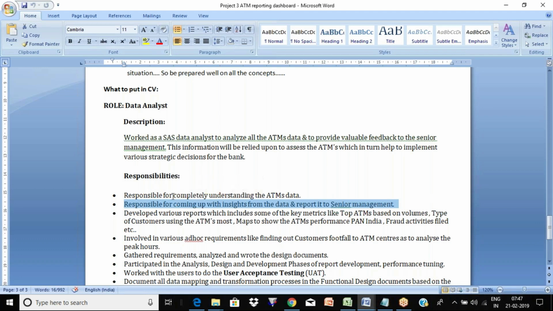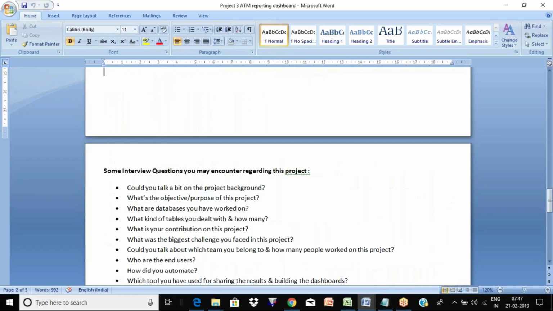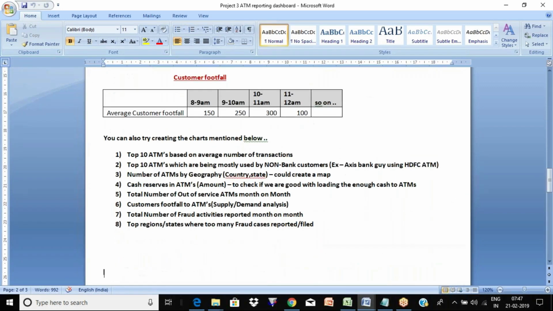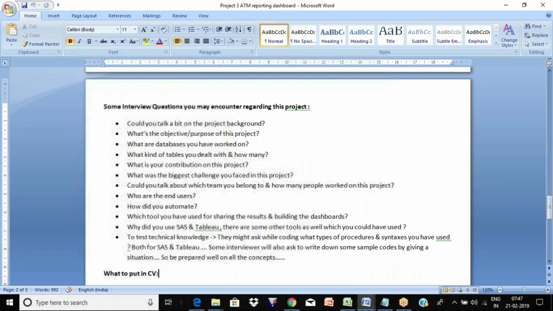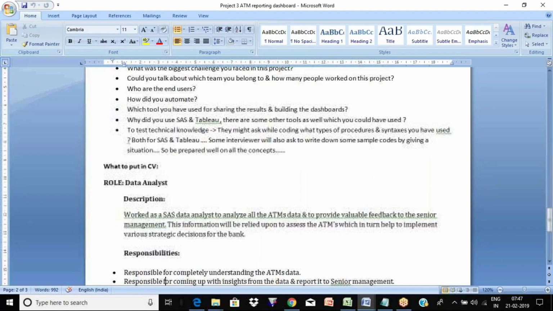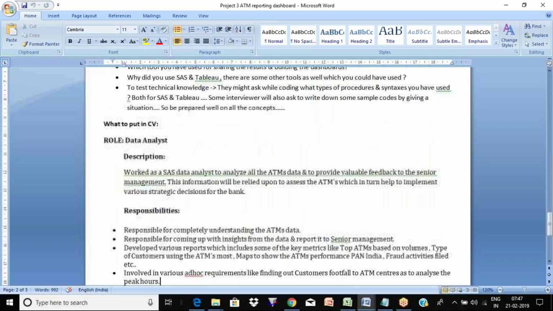When they look at these bullet points, be prepared with what you will be talking about, okay? You have all this information on what you are responsible for. So keep that in mind if they ask something along those lines.